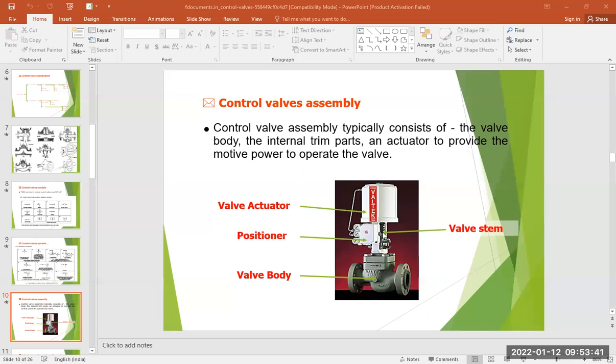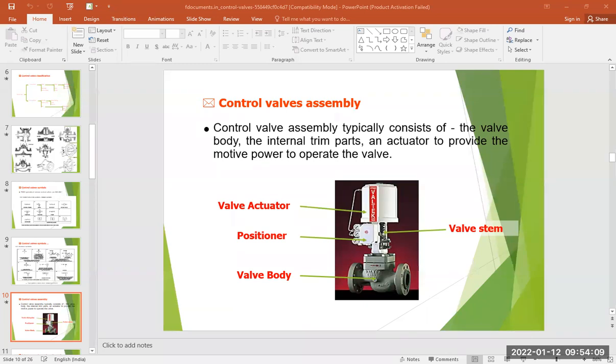It is connected between the actuator and the positioner system, and it is also a self-contained valve which opens to admit the gas to a chamber, and then automatically closes to keep the pressure also. Okay, so this valve stem is also a spring type. Here you can see one spring type of device attached here.